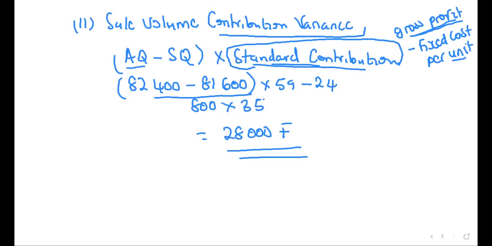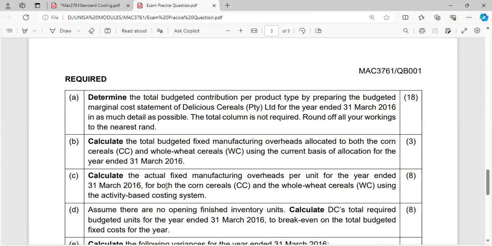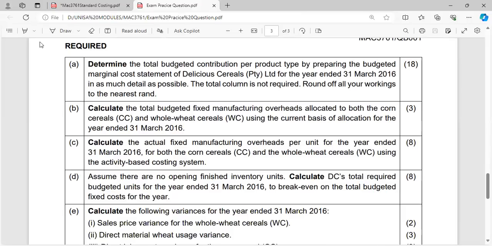Right, on this question, we did A and B. Which one did we say is not covering?